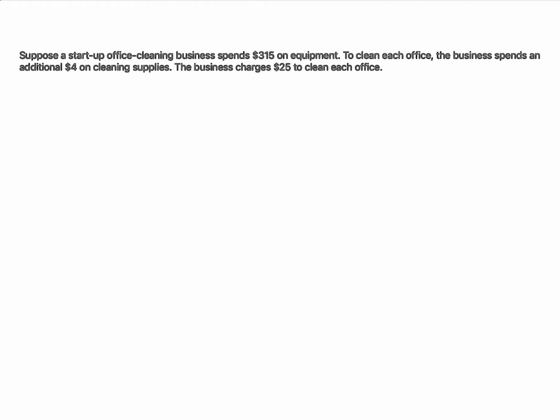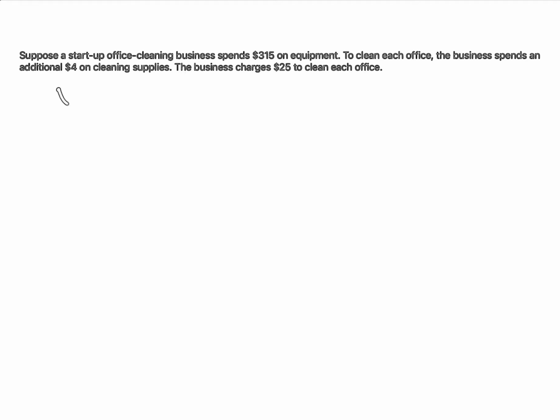So it says, suppose a startup office cleaning business spends $315 on equipment. To clean each office, the business spends an additional $4 on cleaning supplies. The business charges $25 to clean each office.